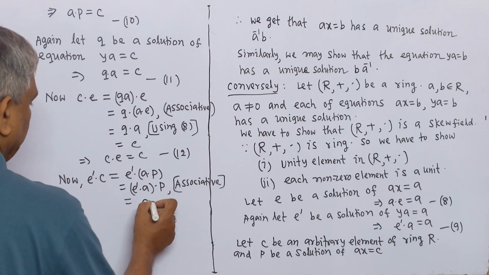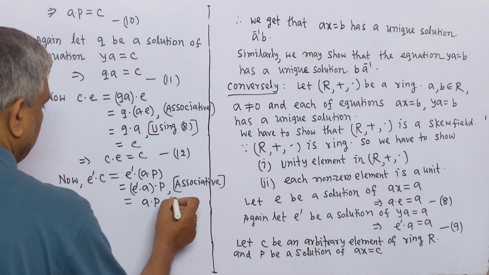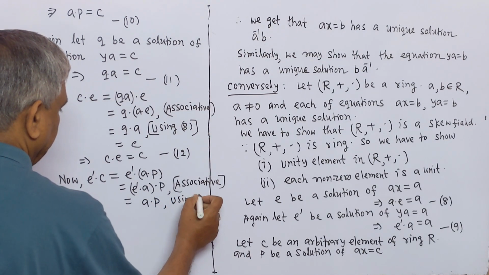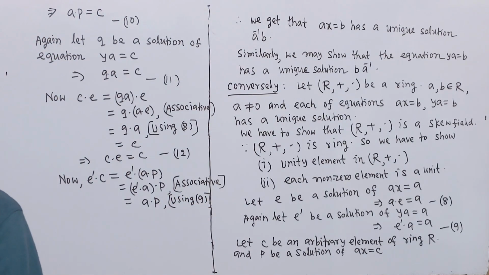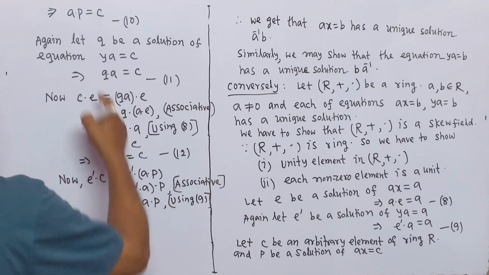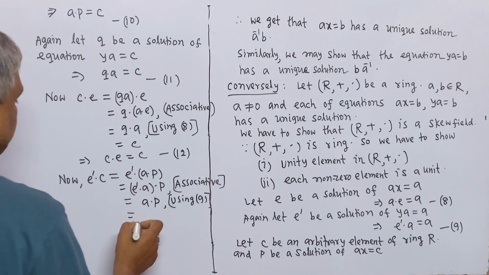This is A multiply P using 9, and A multiply P equal to C using 10.